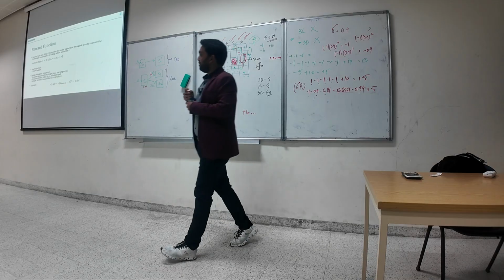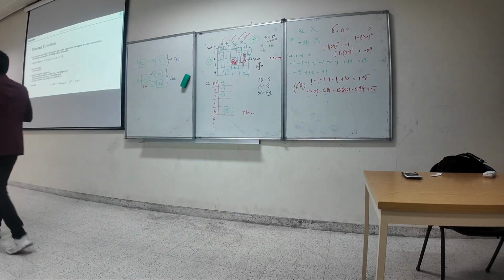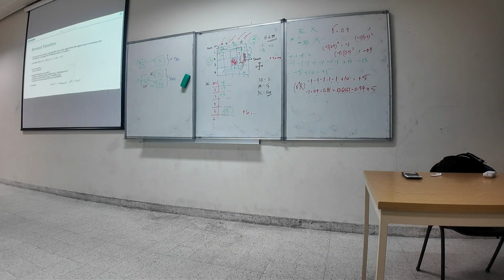Reward can be immediate and intermediate. In chess, for example, I can lose one piece or win later. Immediate: if you take an action, you get a reward or penalty.